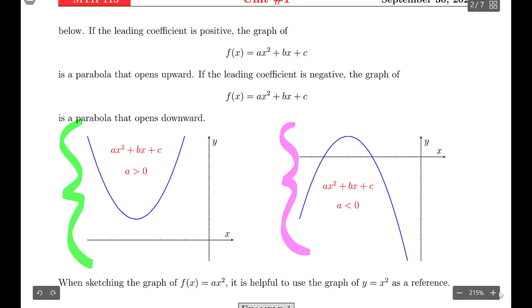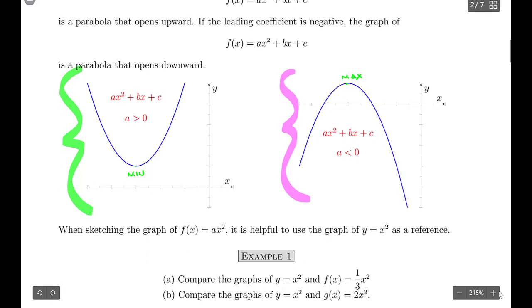And there's a couple of things that we want to point out on both of these graphs. One, if the graph opens up, then this vertex is a minimum value. If this graph opens down, then our vertex is the maximum value. That's the highest point that graph will ever reach. Consequently, on the other graph, if it's a minimum, that's the lowest point that graph will ever reach.